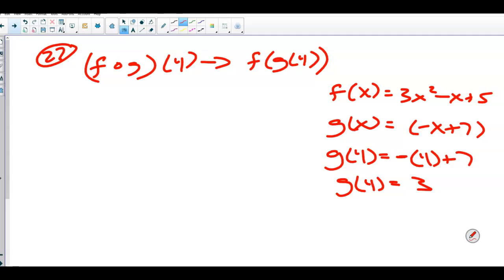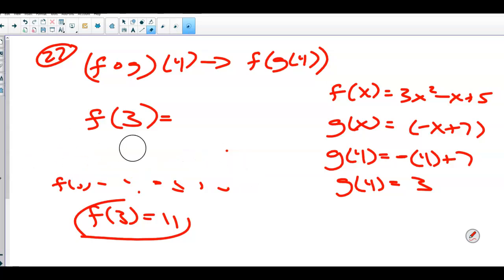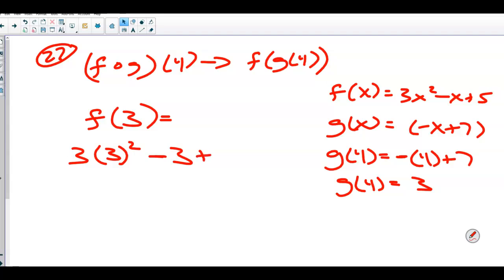Okay. So I replace my g of 4 with 3. Let me just correct what I did here. So for f of 3 here, it's 3 squared minus 3 plus 5.